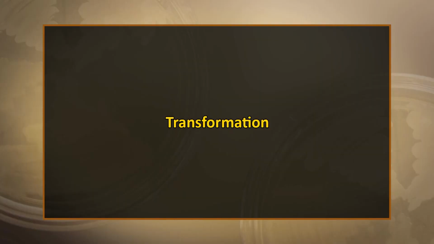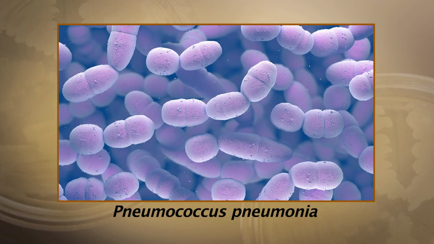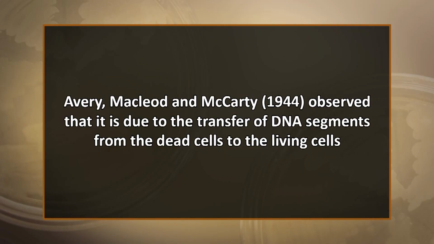And finally, let's talk about the third type of gene transfer, which is transformation. Frederick Griffith, an English bacteriologist, in 1928 accidentally found that the heat-killed bacteria of a virulent strain of Pneumococcus pneumoniae could transfer characteristics of its strain to the non-virulent strain of living bacteria.